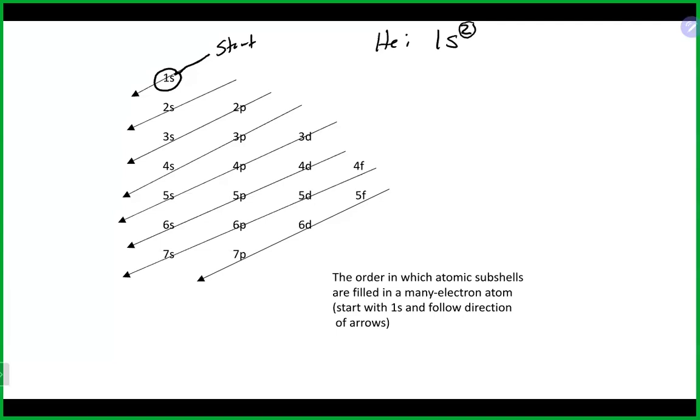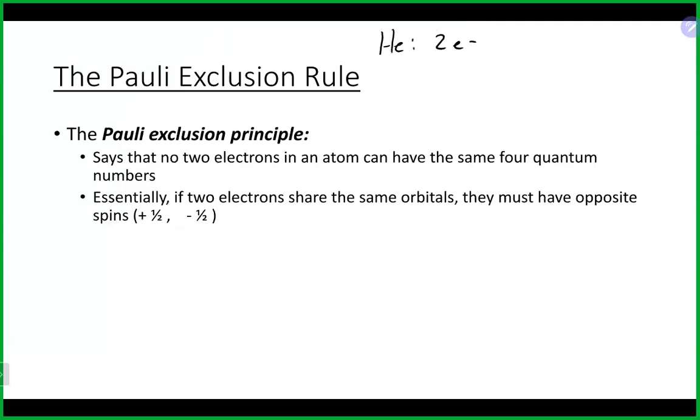Now, when we think about our orbital diagram, there is a rule that we have to follow, which is known as Pauli's exclusion rule. If you think about how the electrons will go into that 1s orbital, here are your options, right? We have one going in the upwards direction. The other option is we could put the second in the same direction.